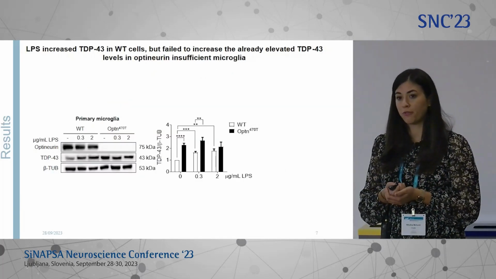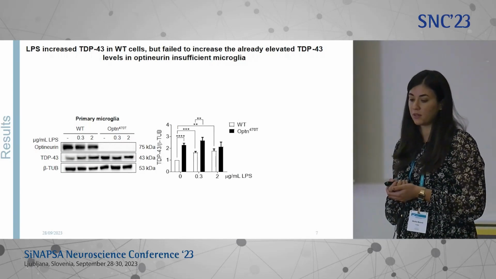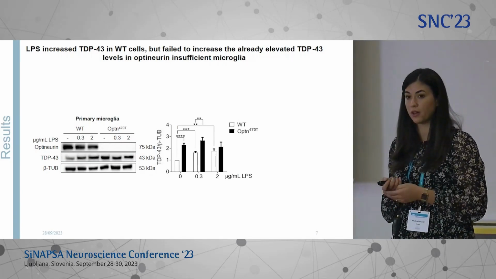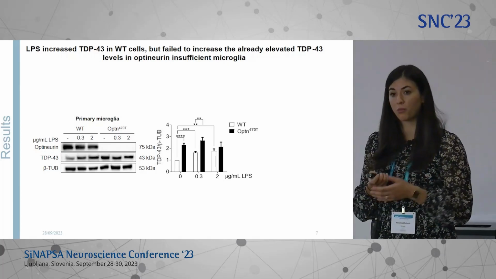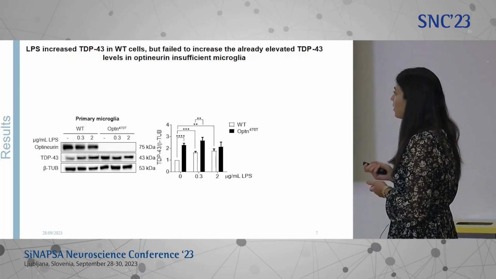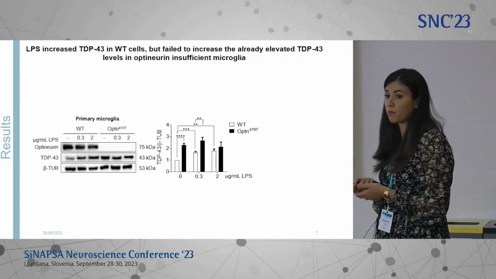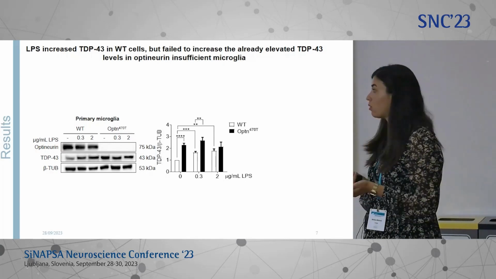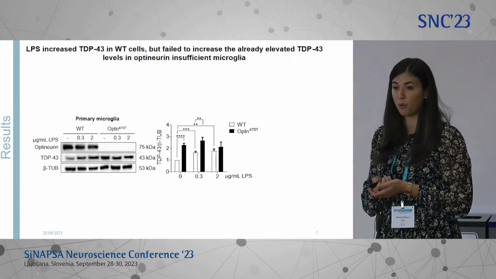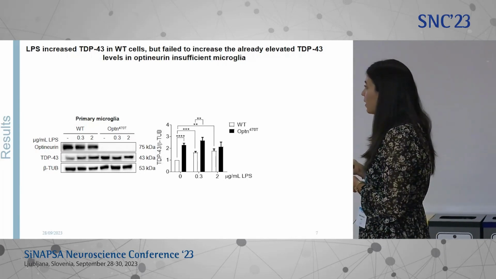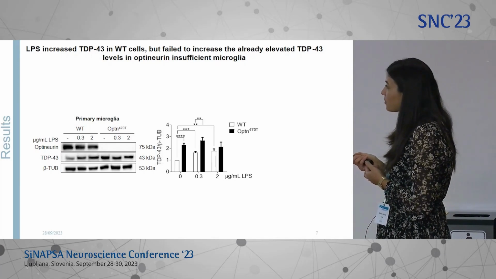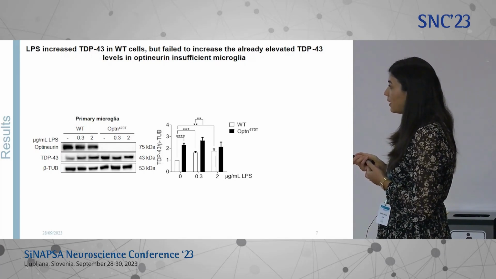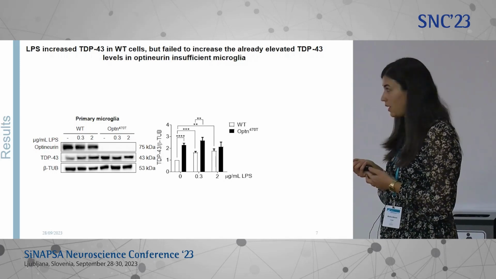I also mentioned before that inflammation has been shown to trigger TDP43. As optineurin has several proposed roles in inflammatory signaling, we tested our primary microglia upon LPS, lipopolysaccharide from gram-negative bacteria. You can nicely see here that in wild-type cells we have a dose-dependent increase in TDP43 protein.